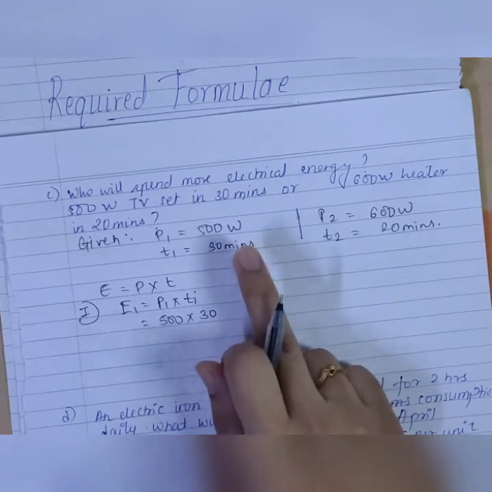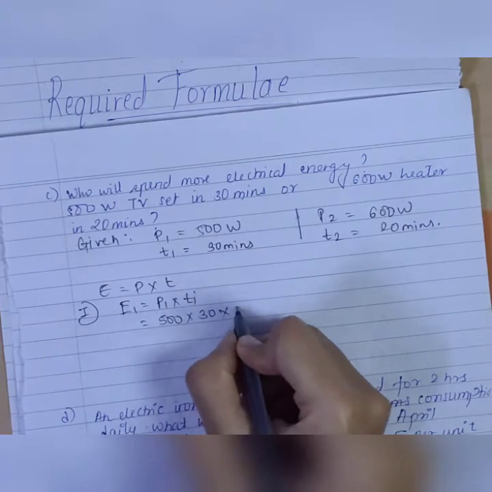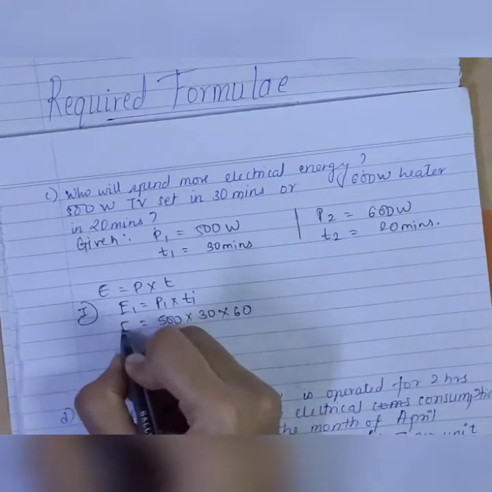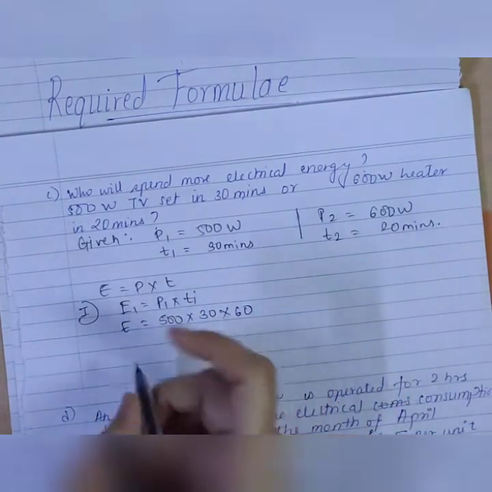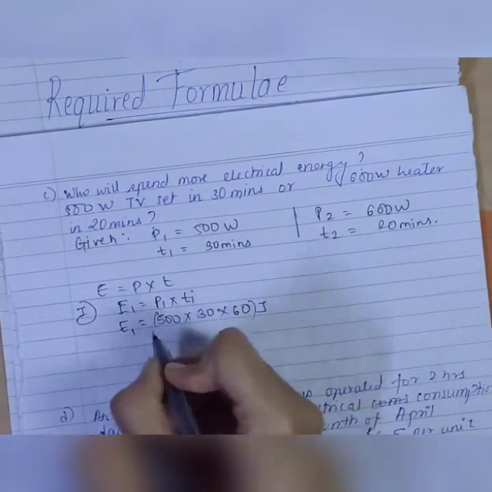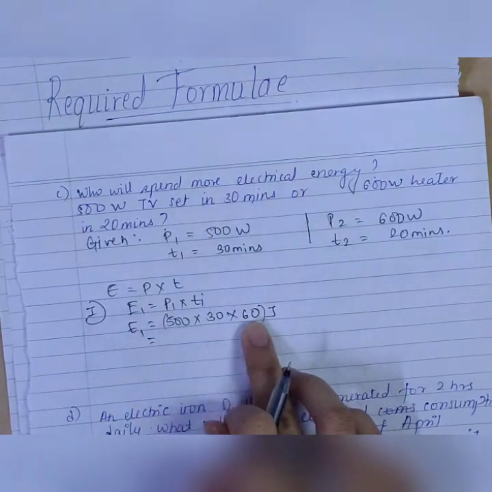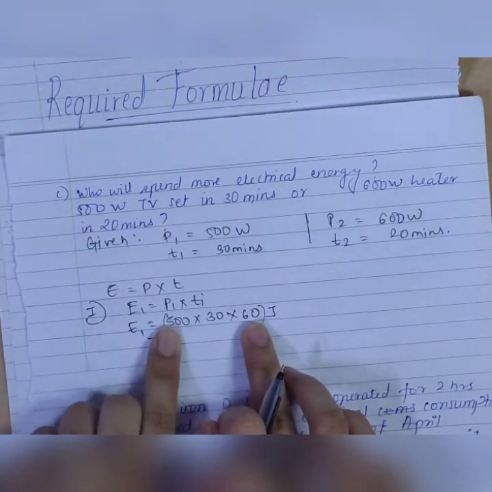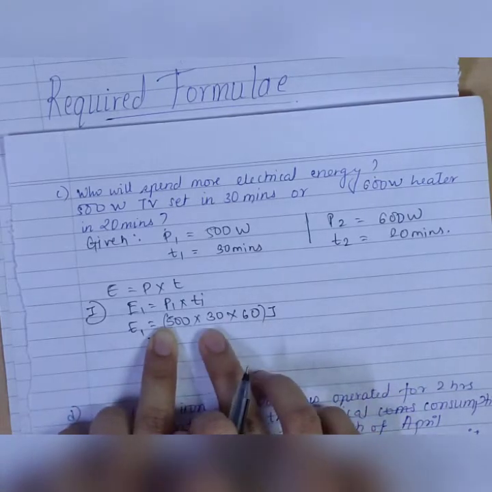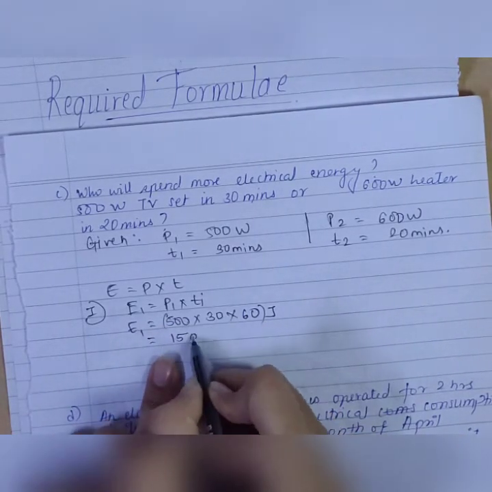You need to convert it into seconds, and you know when you convert minutes into seconds, you just need to multiply it by 60, and then your answer will come out correct. So this will come out to be something joules. So when you calculate 500 into 30 into 60, now I'll tell you a simple way to do that. Forget about the zeros. 5 into 3, 15, 1, 2, 3 zeros.